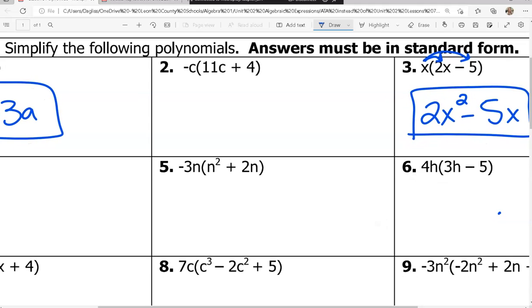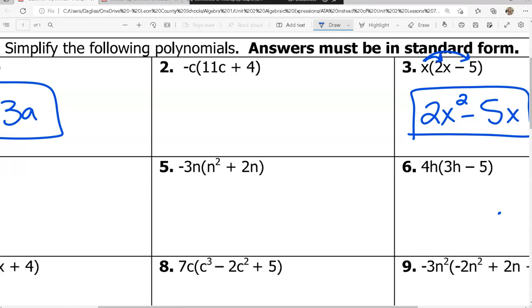All right, how is number 5 a little bit different? We have a number now. It's not just a letter. What is that number called? Give me the vocab. Coefficient. Good. That negative 3 is a coefficient. And what is the n technically called? A variable.